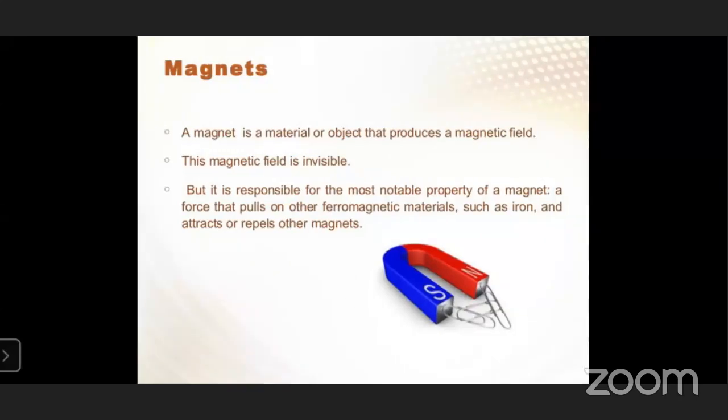So, an object which is capable of producing a magnetic field and attracting unlike poles and repelling like poles is called a magnet. Everyone should know this.